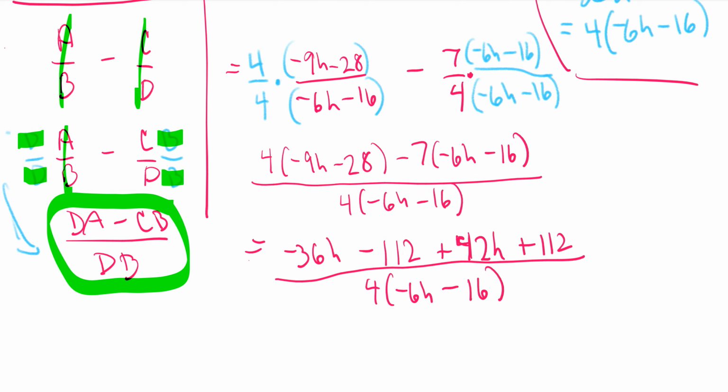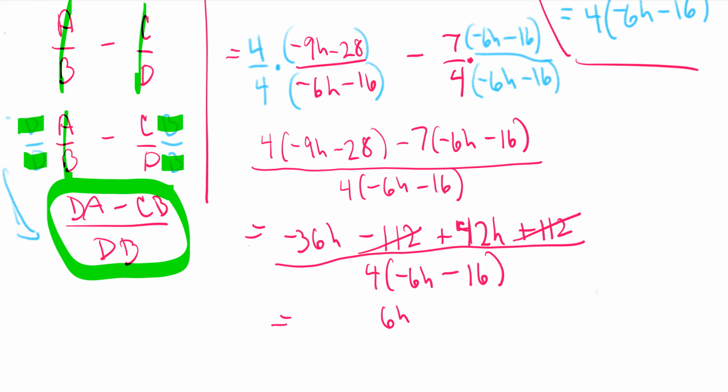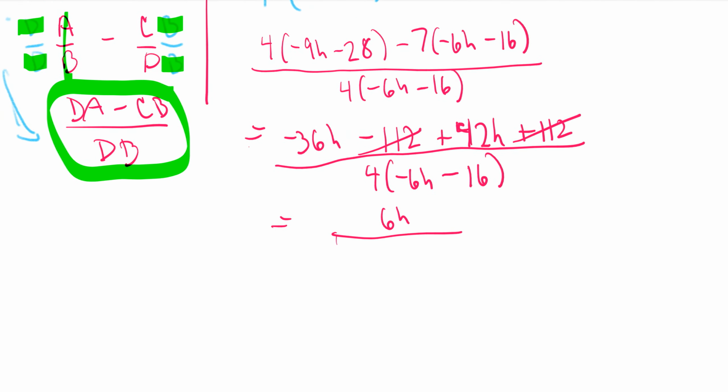So the 112s go away in the top, and we combine 42h minus 36h, so we get 6h over 4 times negative 6h minus 16.